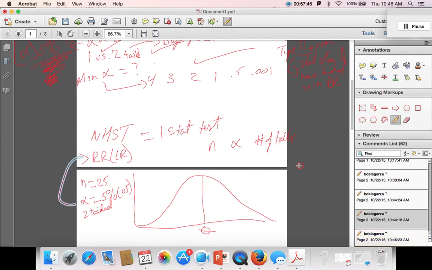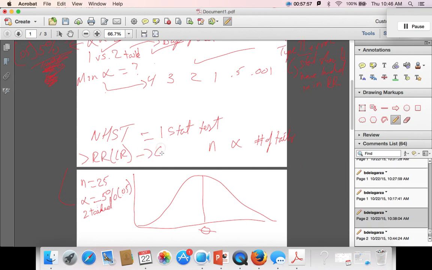So how does it correspond directly to region of rejection? It corresponds in the following fashion. My region of rejection depends on alpha level. Why does it depend on alpha level? Because the region of rejection begins with the critical value. The critical value is identified depending on sample size, alpha level, and the number of tails.